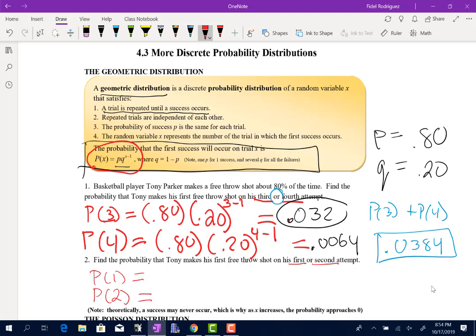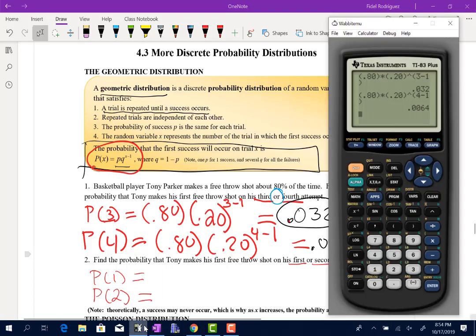So guys, let me ask you a question. I could write out my entire formula again, or I could come back to my calculator, and go second entry. If I'm going to go to the first attempt, I'm going to change that 4 to what number? A 1. Okay, and I'll hit enter. The number I'm coming up with here is 0.8.